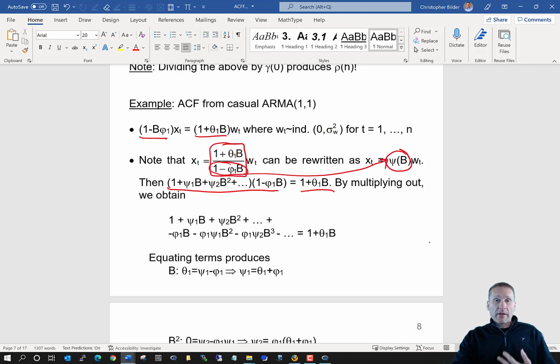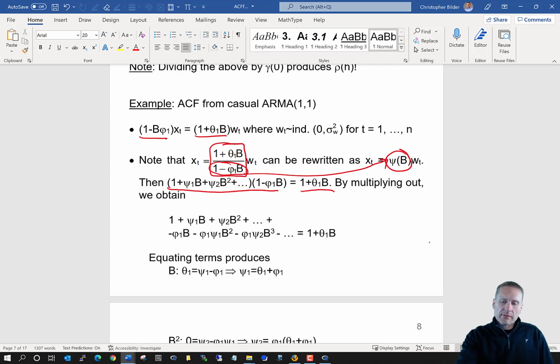Then what I would like to do is find what these psi should be in terms of the phis and also the thetas. And the way that we're going to do this is very much like what we've done before for simpler models: we're going to match up powers of b to find what the corresponding psi's would be.